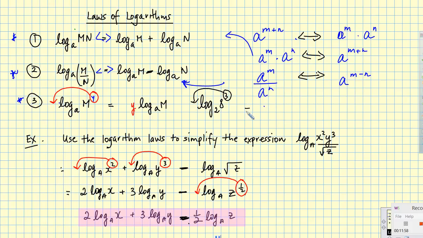So it would become my final answer, 3 log base 2 of 8. Whatever you have in the exponent will be brought out to the front of the logarithm, and it will come down from the exponent as a regular coefficient.